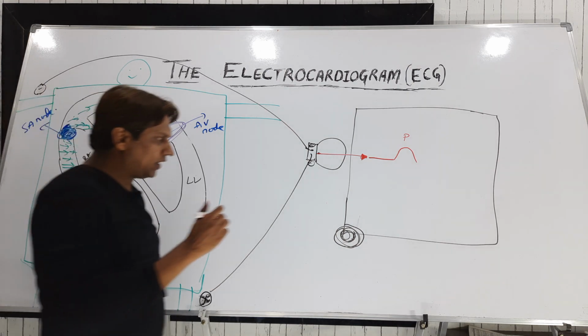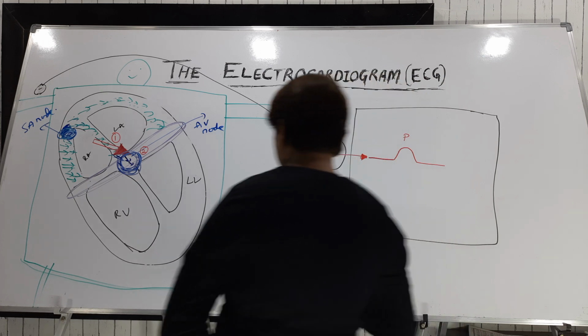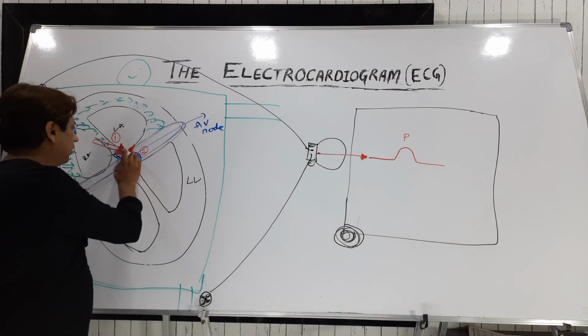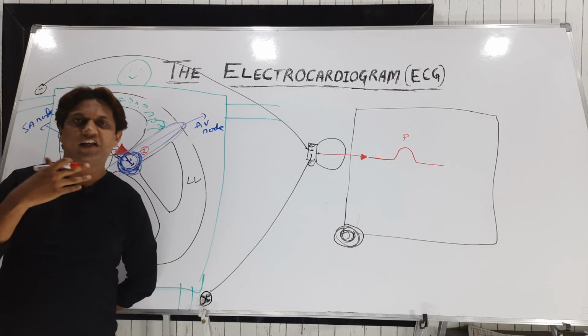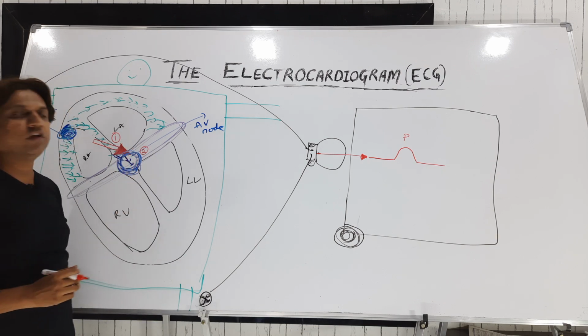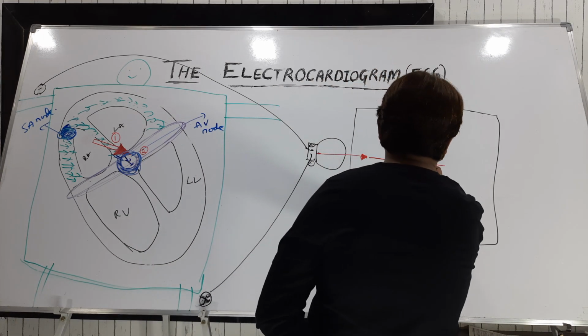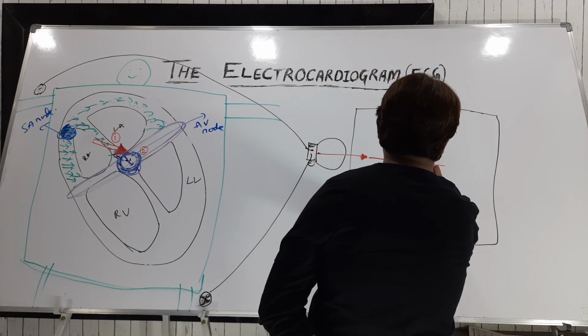So it will appear as a straight line, as if representing the isoelectric line, and that is the time of electrical silence of the heart when the current is flowing through the AV node. This straight line is known as the isoelectric line, and it is called the PR segment.